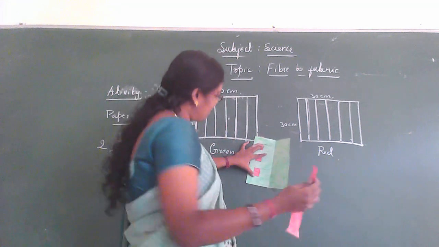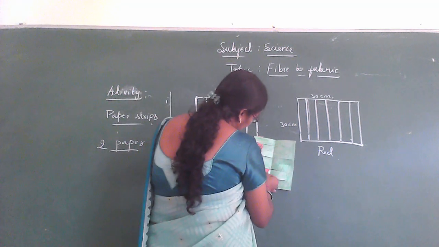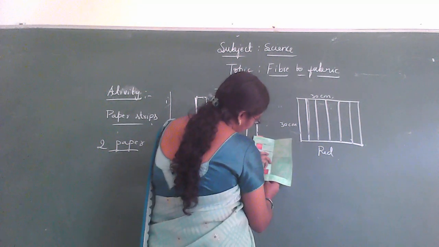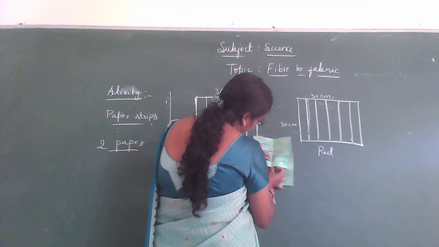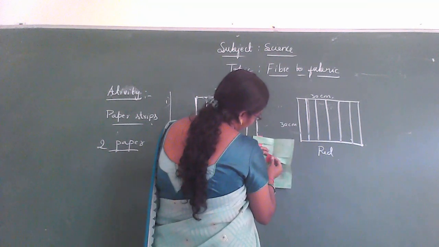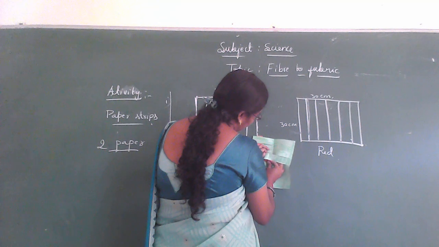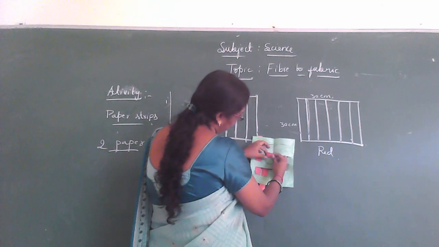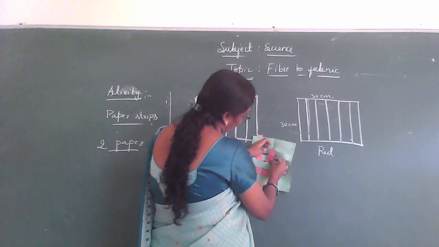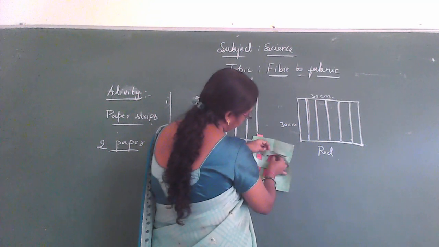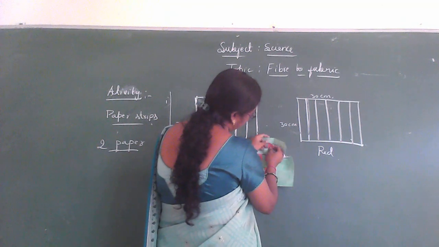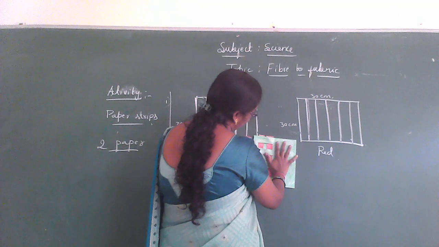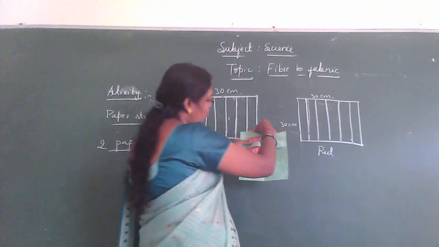So take another piece, there is some gap, and then fold like this. You need to fold like this. So children, do this.